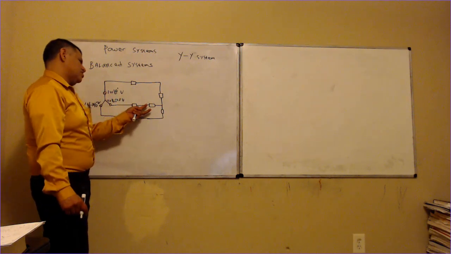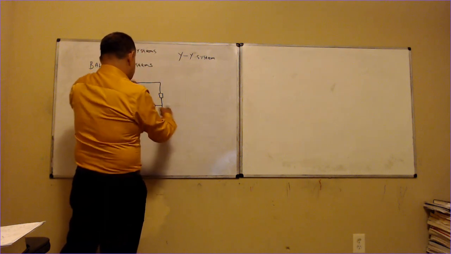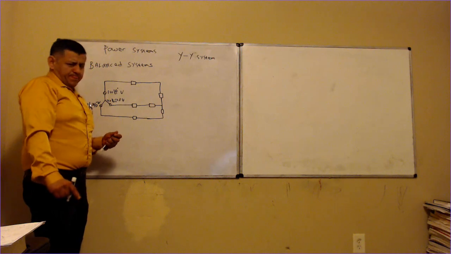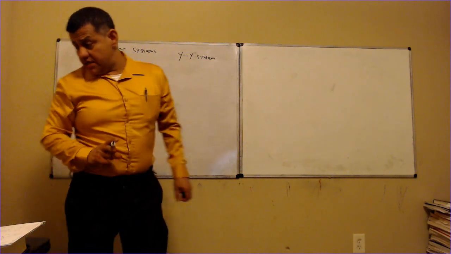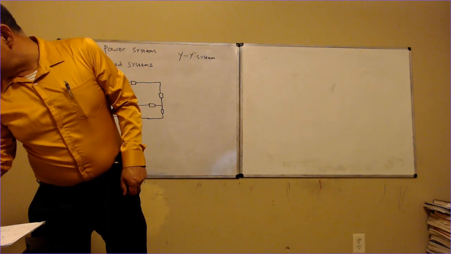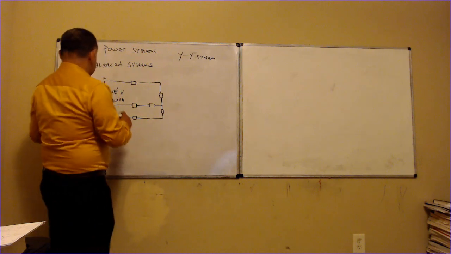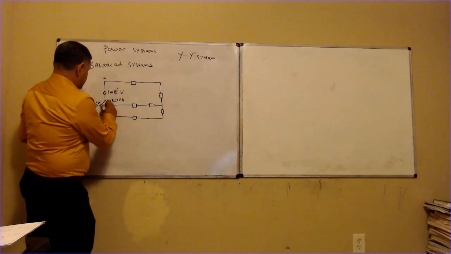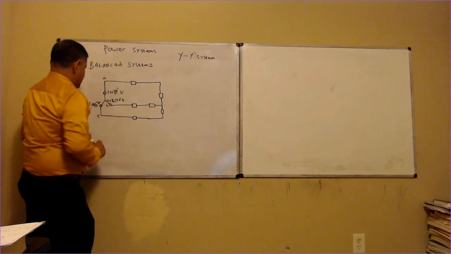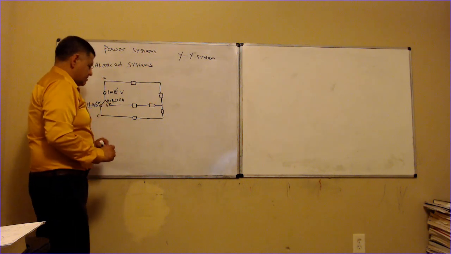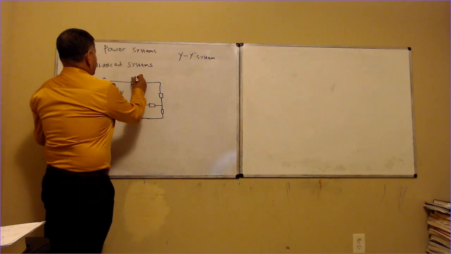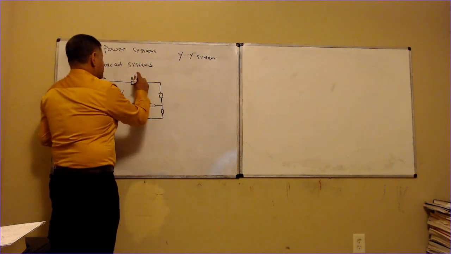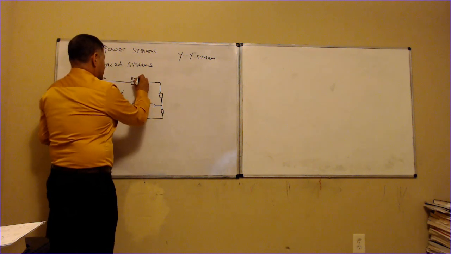This is almost like a Y too, if I make it look like a Y. Now let's call this A, this B, and this C. Then let's put the numbers: 5 minus 2j, 5 minus 2j, and this is the impedance, 5 minus 2j.